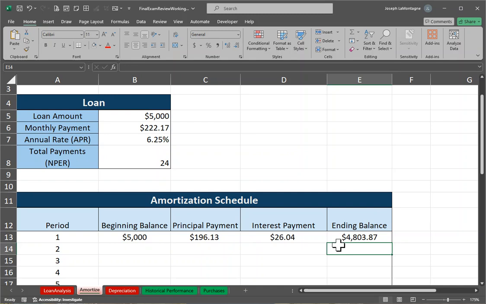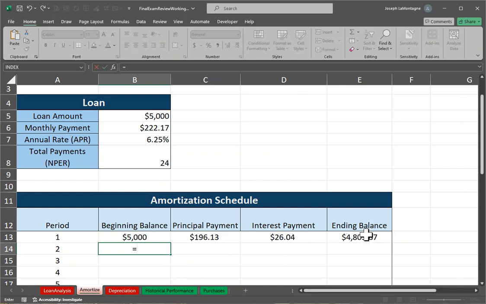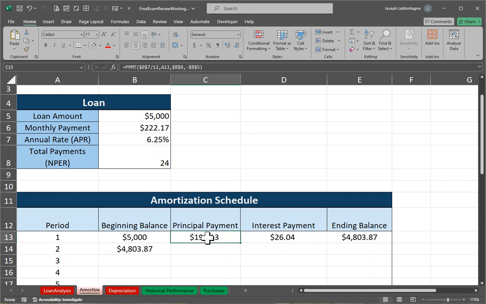Now the only thing we have to do differently for the second period is change our beginning balance. So that'll be in B14, that is going to equal E13. And we don't want that to be absolute because as we copy this down, we want that row number to change. And everything else will be the same. So I'm going to select those three and bring it down one.